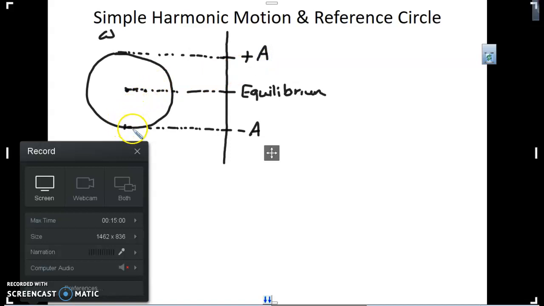But as you look at an object going around like so, let's do 3 different vectors here. I've got v sub t, tangential velocity, here, here, and here. Of course, we could do it at any point in the circle, but you're going to get the idea.